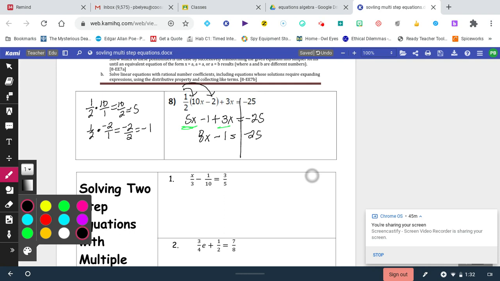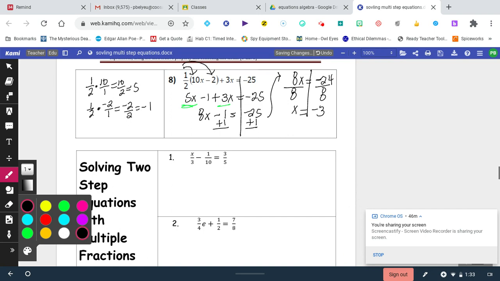The -1 is farther from the variable, so you're going to add 1 to both sides. So we'll end up, I'm having to go up here, with 8x equals -24. That's a negative. Divide both sides by 8. The opposite of multiplying x by 8 is dividing it by 8. But what you do to one side, also do to the other. So you get -3 there.